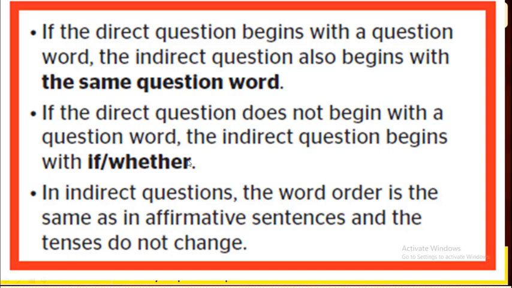Here we are talking about yes and no questions and similar questions. In indirect questions, the word order is the same as in affirmative, normal, ordinary sentences, and note that the tense does not change.